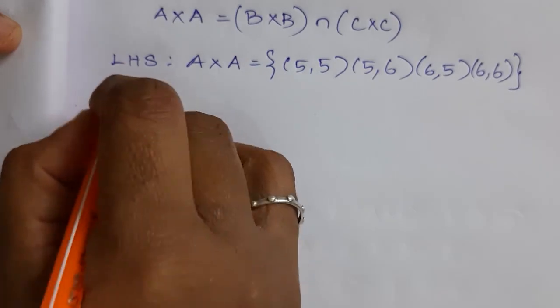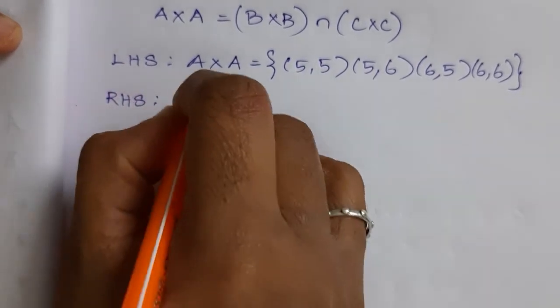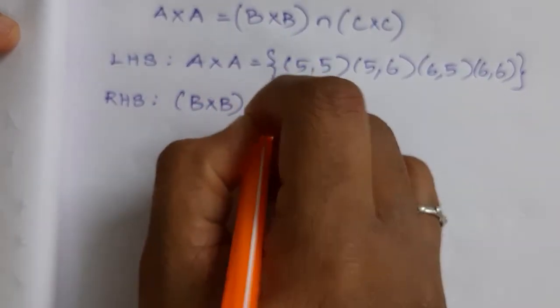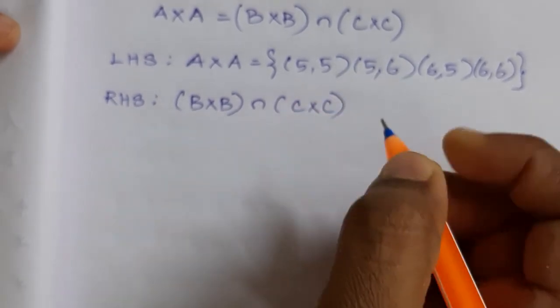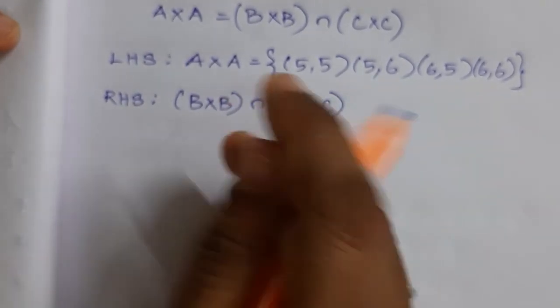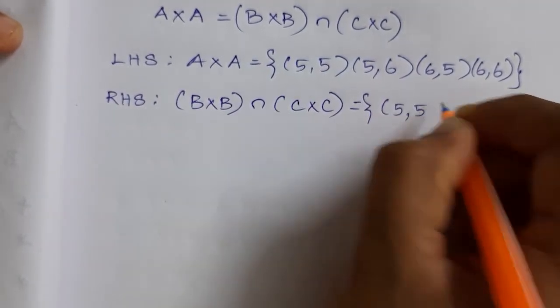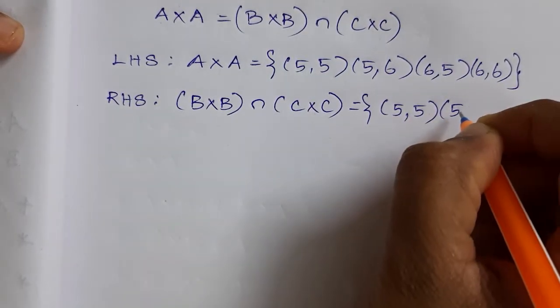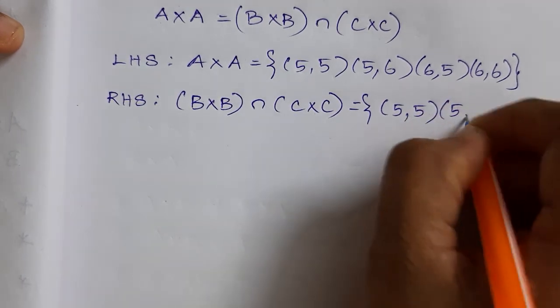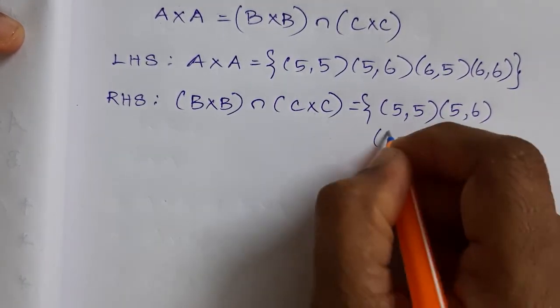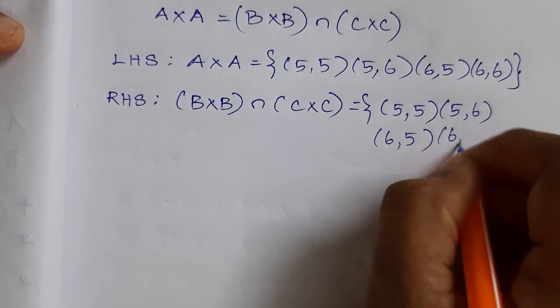On the right hand side, we have B cross B intersection C cross C. And just now we picked the common elements, which are nothing but 5, 5, 5, 6, 6, 5 and 6, 6.